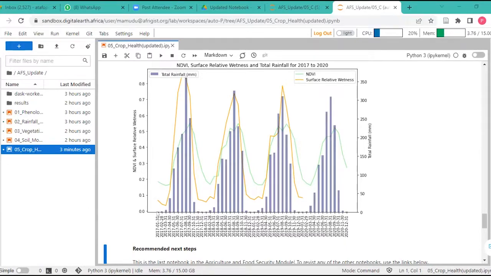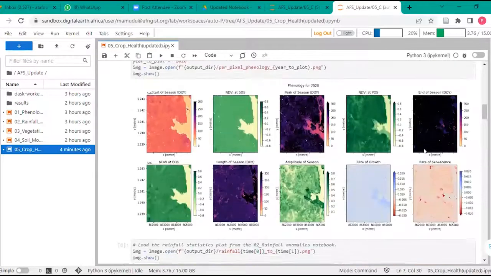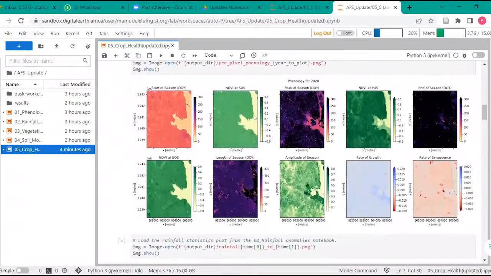However, even though these months appear to be dry, we are seeing some values of relative wetness. That's because there is a water body in that area. Let me scroll up and show you the phenology data sets. If you look at this phenology data sets, you see this feature here is a water body.